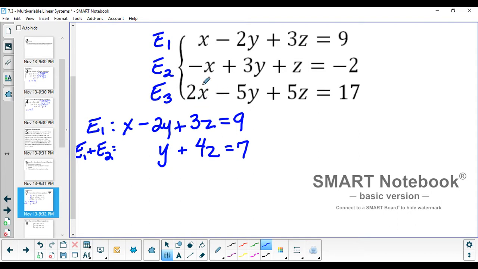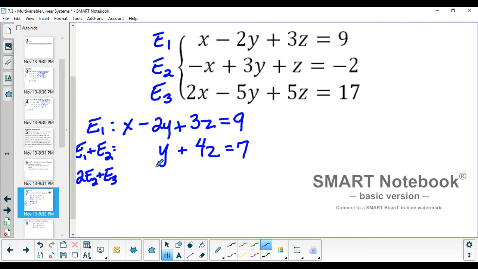Now I also want this to be a 0 as well. There's a couple of different ways that we can do this. I'm going to say 2 times equation 2 plus equation 3, because that'll give me a negative 2x plus a 2x, which will give me the 0 that I want.